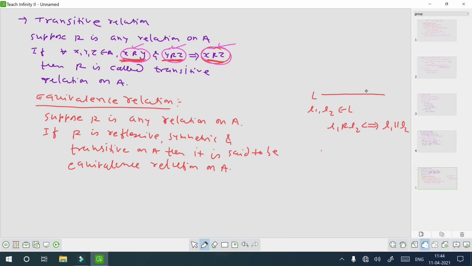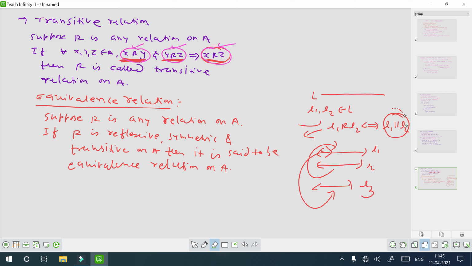A line is parallel to itself, so reflexive is there. If L1 is parallel to L2, then L2 is also parallel to L1, so symmetric is there. If L1 is parallel to L2 and L2 is parallel to L3, then L1 is also parallel to L3, so transitive is there. So this relation is an equivalence relation.